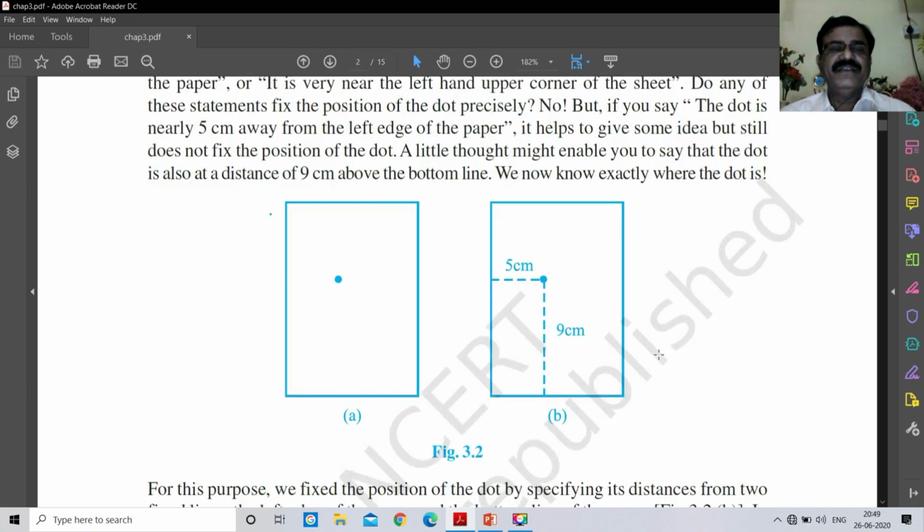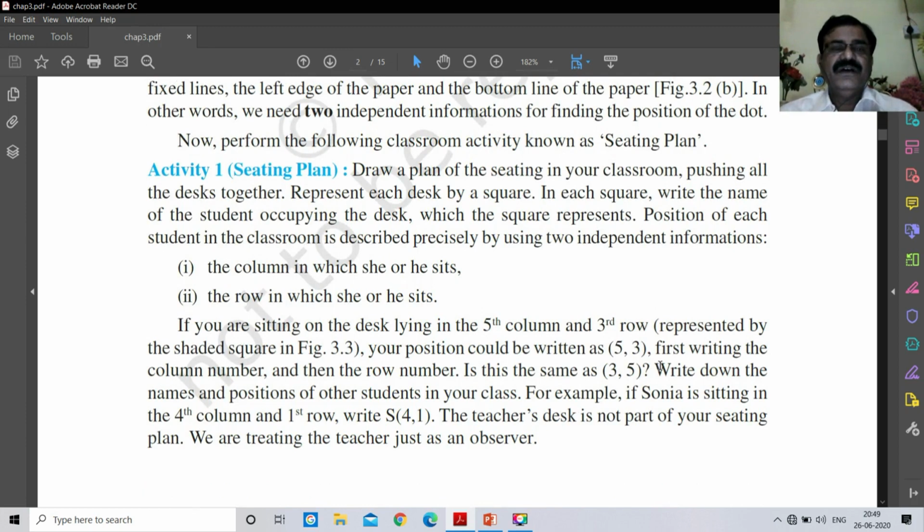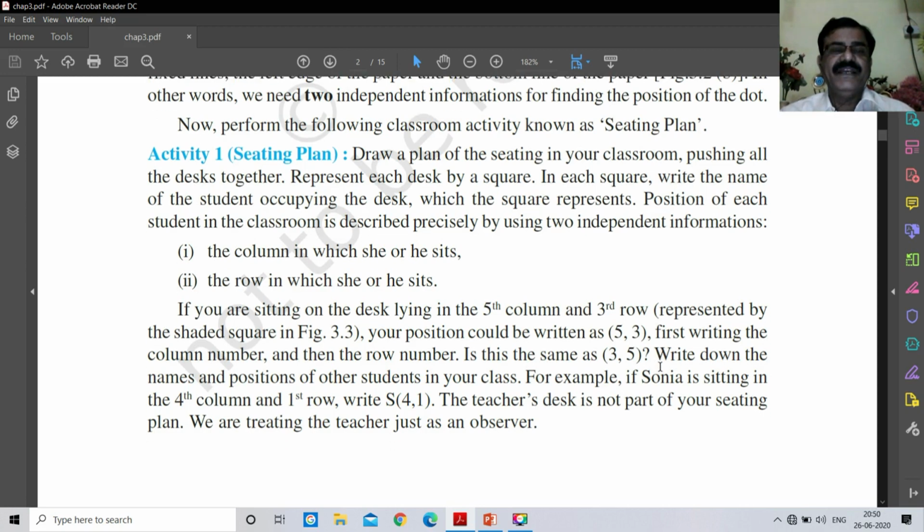So two values can be obtained, which are the x and y values. Later on we can also see the columns and the rows. You can draw separate columns by doing activities on graph paper, and by counting the columns and the rows, we can also find the values of x and y.